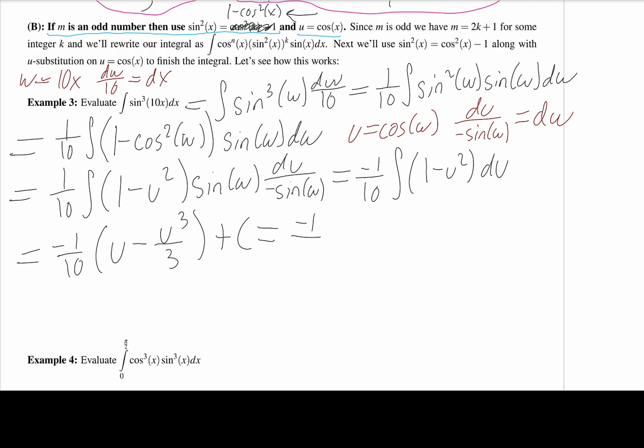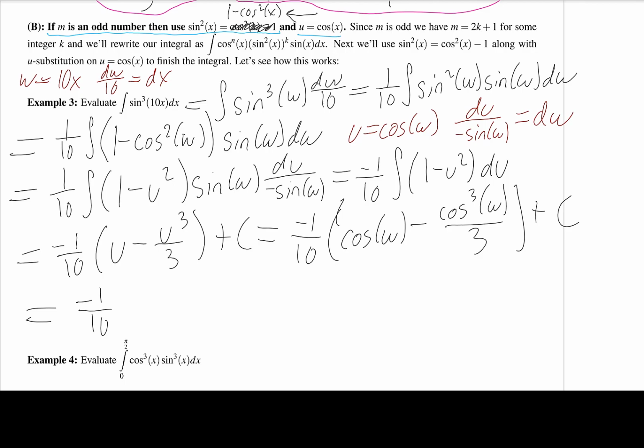So this becomes negative 1/10 times cosine of w minus cosine cubed of w over 3 plus c. Now we make our substitution for w, which was w equals 10x. So this becomes negative 1/10 times cosine 10x minus cosine cubed 10x over 3 plus c.